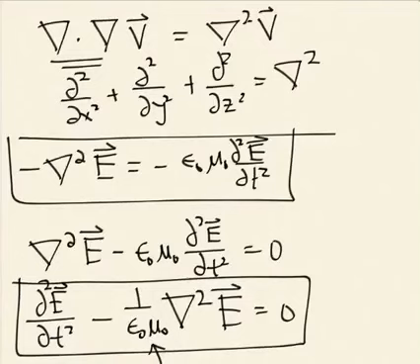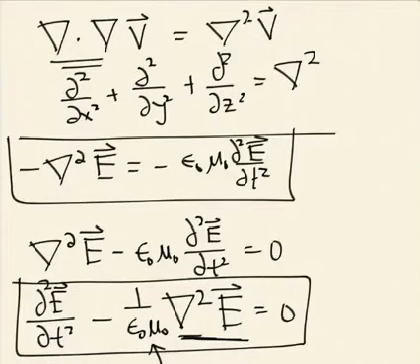Now let me take a 1D example. Let's imagine that the electric field only varies in one direction. We're going to be considering what we'll call plane waves when we're all done, but we'll consider that the wave varies only in one direction. It turns out that's going to be the direction in which it propagates. And for the Laplacian, we're just going to take one of the components.